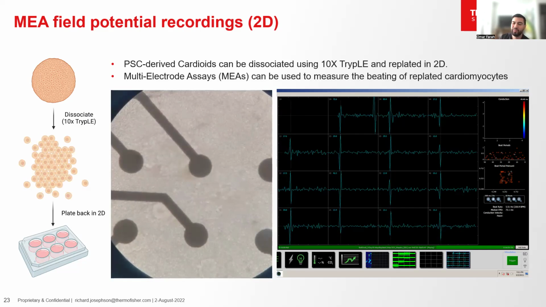And to this end, we've done a little bit of work where we can put these organoids through some functional tests as well, where we can take that cardiac organoid, dissociate it into 2D, and plate it back down onto these multi-electrode assays. You can see these beating cardioids, right? And we can measure their rhythmic beat rates.